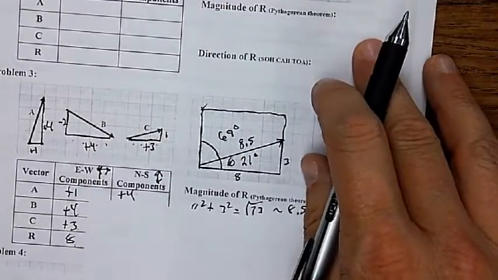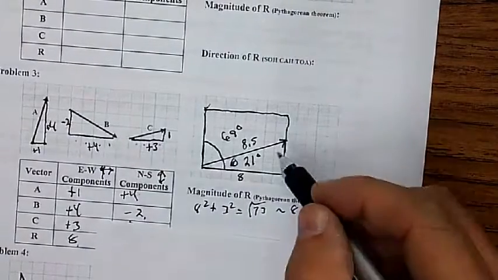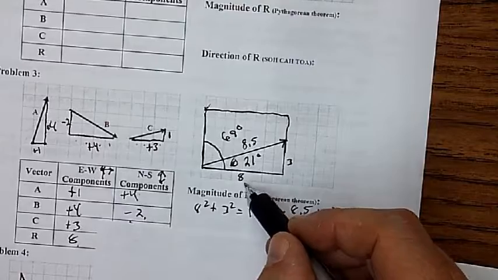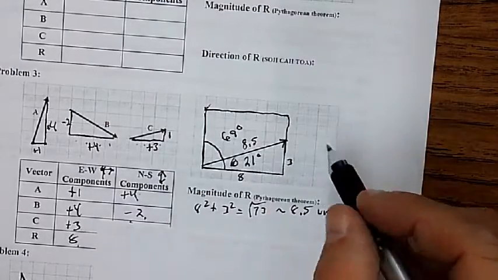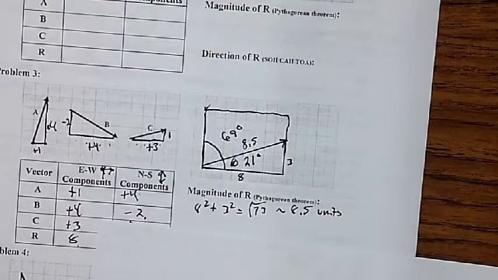That's northeast. Remember, our magnitude is the sides squared will equal the hypotenuse squared. So 8 squared plus 3 squared, and then you hit equals.